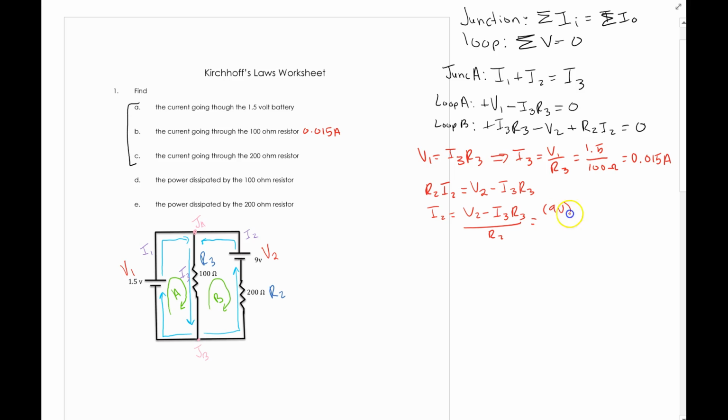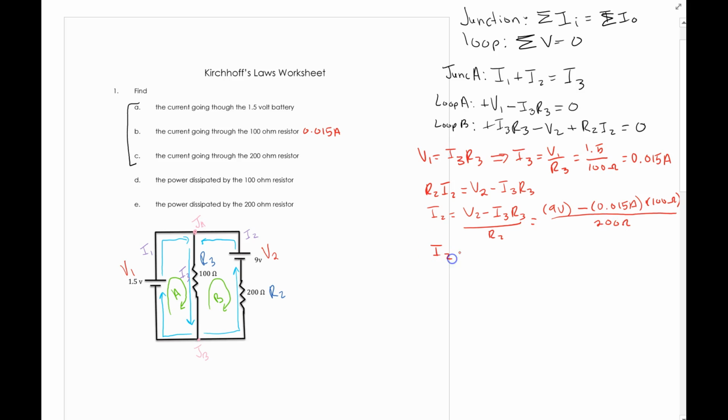That's my 9 volts minus 0.015 amps times 200. Oops, not 200. 100 ohms is where it goes there. All over 200 ohms.